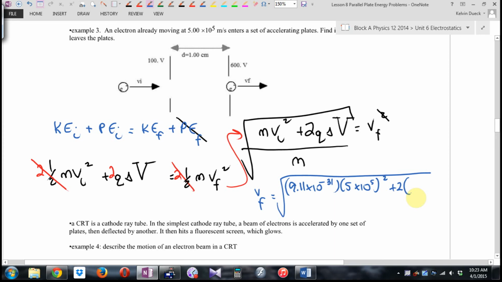Need more room. Well, let's write 1.6 times 10 to the negative 19. The change in voltage is 500, all over 9.11 times 10 to the negative 31, equals.